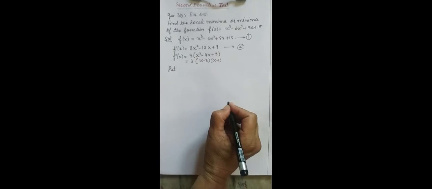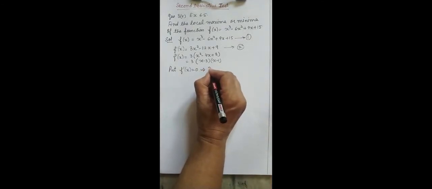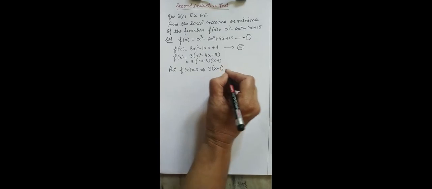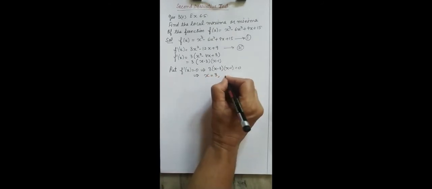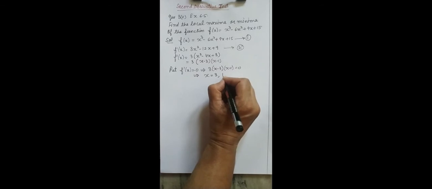Now for finding the critical point, I have to put f dash x as 0. So f dash x is equal to 0 implies 3 into x minus 3 into x minus 1 is equal to 0, which gives me the result that either x is equal to 3 or x will be equal to 1.